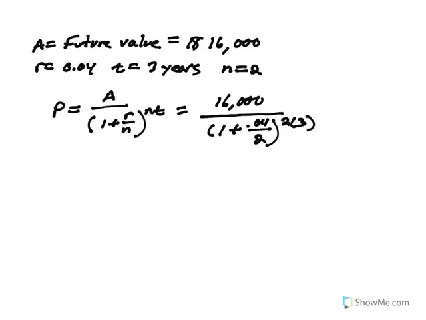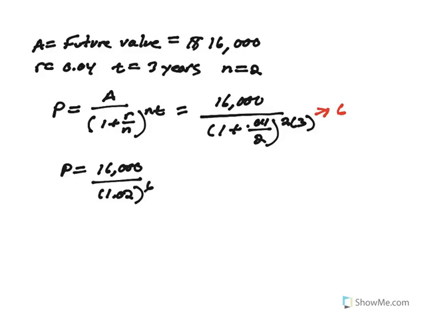Okay? So here's how we do that. 16,000. Once we do 0.04 and divide it by 2 and add 1, you're going to get 1.02. And then 2 times 3 we know is going to be 6, so we raise that to the 6th power.